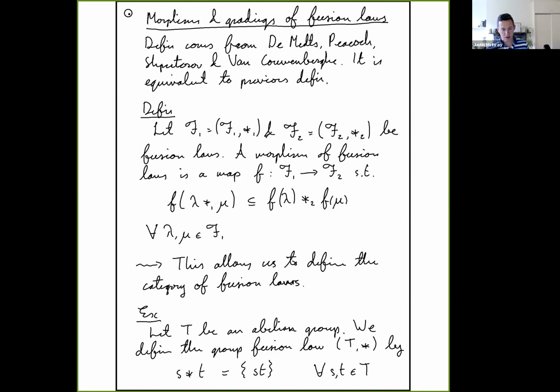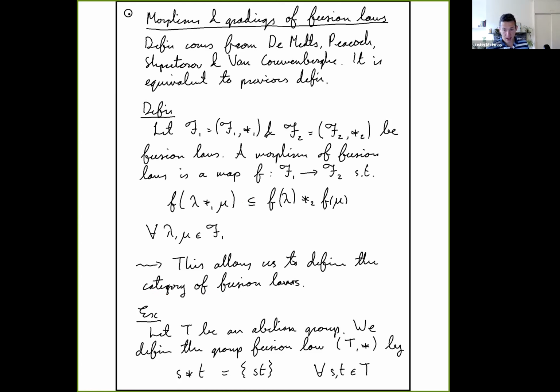Right, so yeah, it's true, I wrote contained in here. I could be more strict and say equals here, but then this would rule out some morphisms. If you know about categories, this would look more natural.